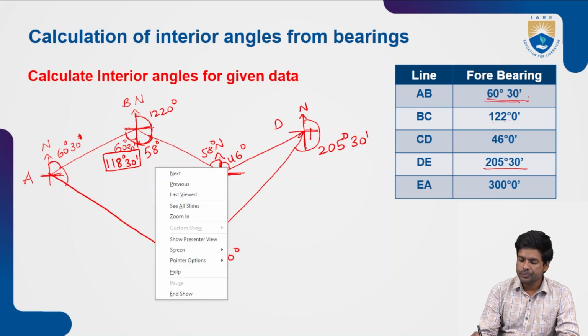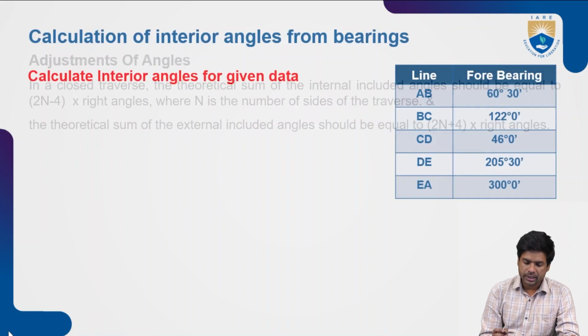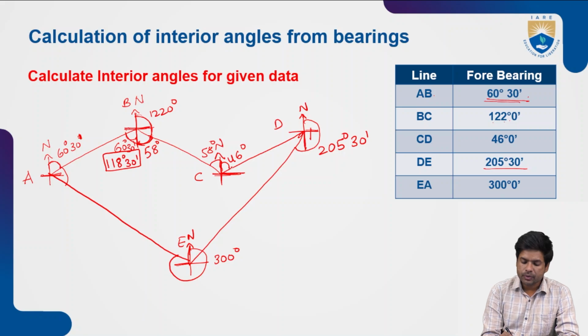So if you want to calculate this angle, the total angle here is 90 degrees. So if you subtract 46 degrees from 90 degrees, then you can get the remaining angle. That means 90 degrees minus 46.